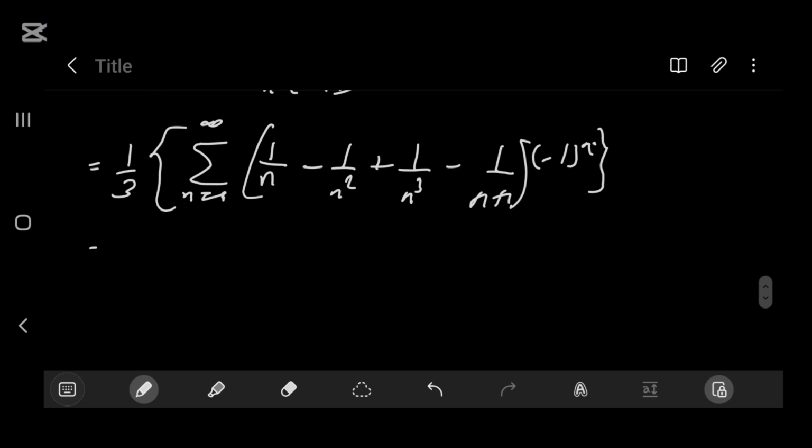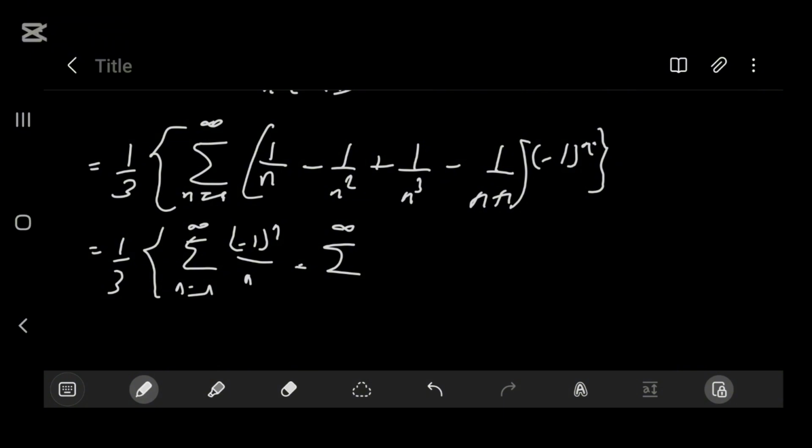Okay, cool. Let's leave that 1 over 3 outside the parenthesis, and by giving the sigma to each and every one, we'll get the sum from n equals 1 to infinity of minus 1 to the power n over n, minus the sum of minus 1 to the power n over n squared, and it goes on.